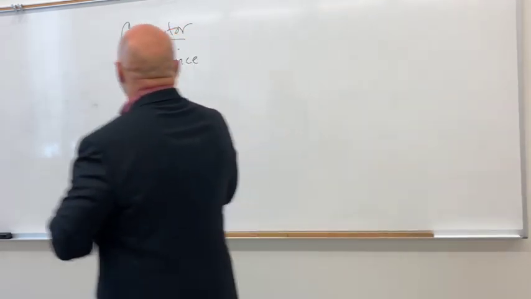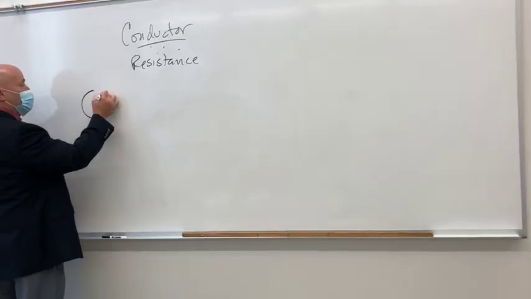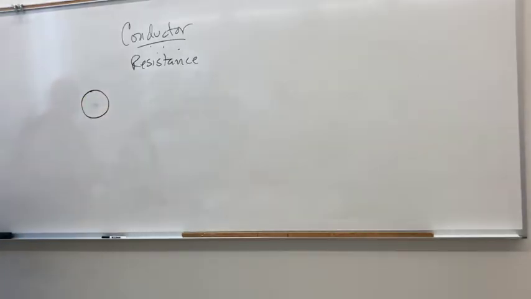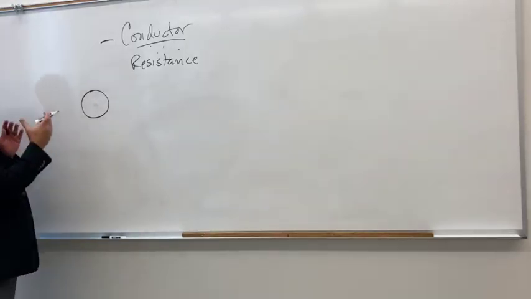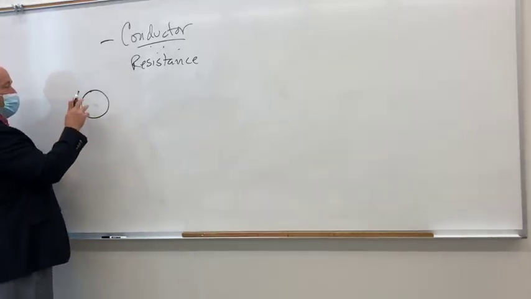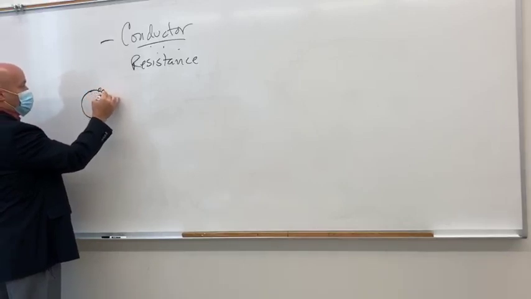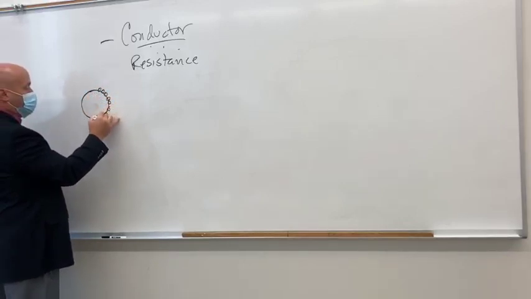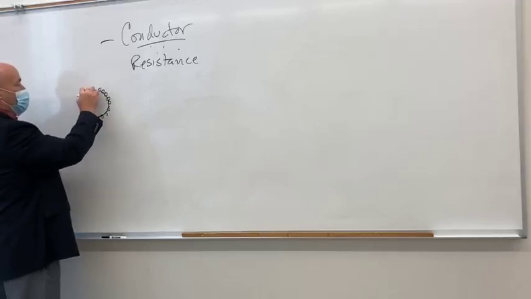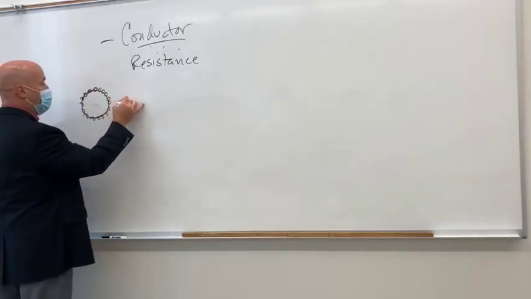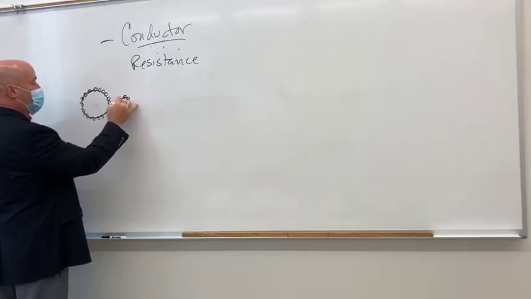So, in resistance, if we're using water as an analogy, then what we're looking at in a conductor is basically a pipe. So we've got a wire, and we're going to call it a pipe, but instead of having a hollow inside, we're going to have electrons on the outside. So if you have a wire that's that big, and then you have a wire that's that big, how many electrons can you put on each one proportionally?